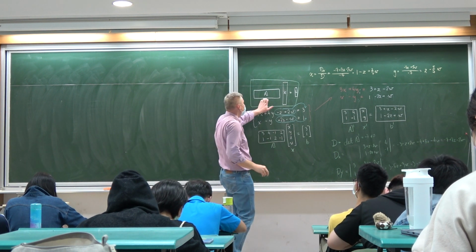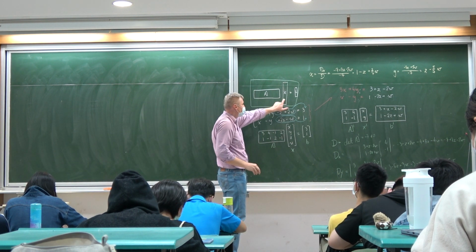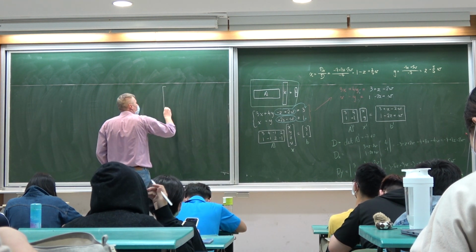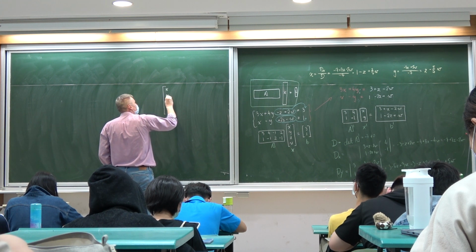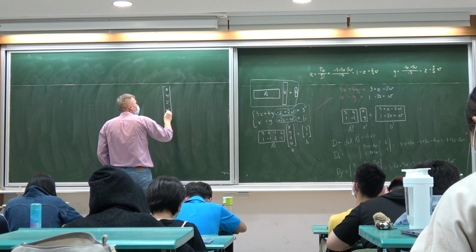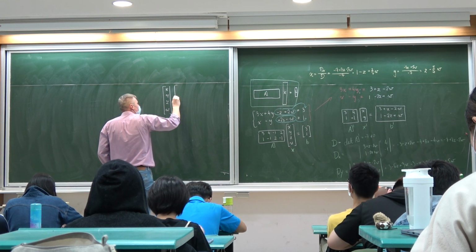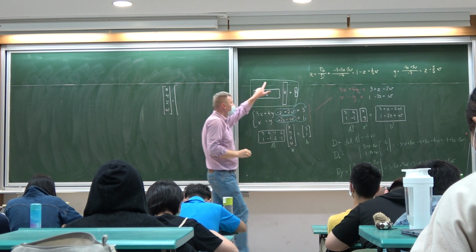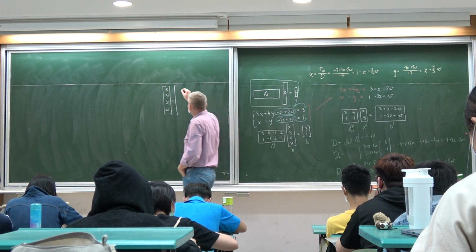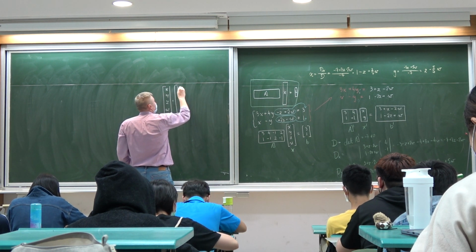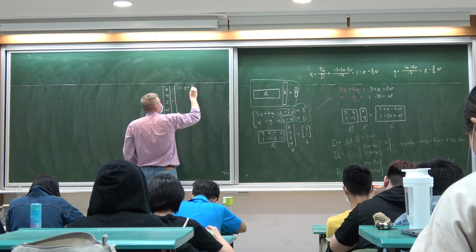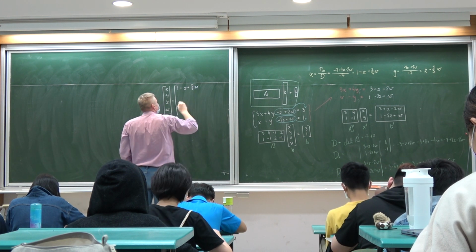That's the original problem. And that's the original solution. So the original solution has the form of x, y, z, w. Now what we found is that x is equal to 1 minus z plus 2 over 7 w.